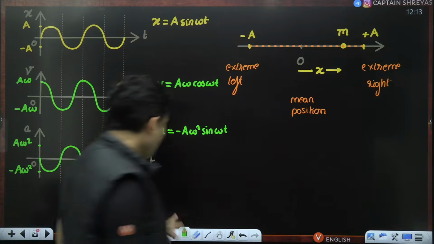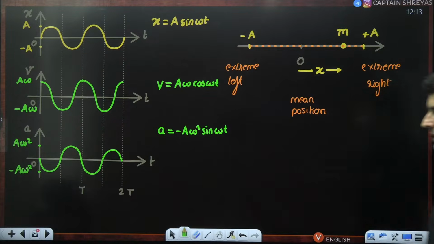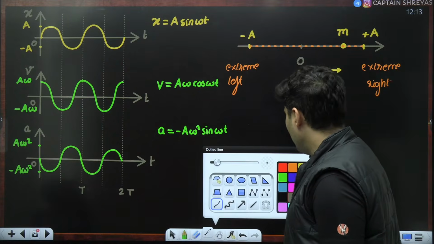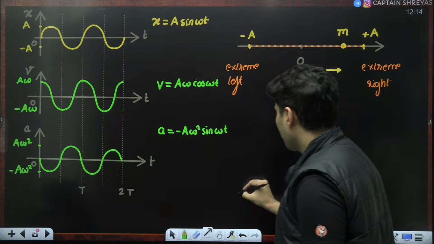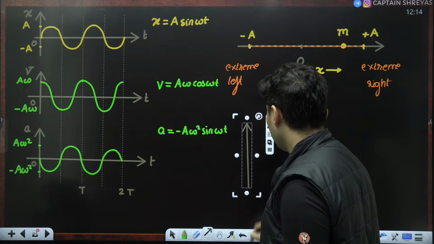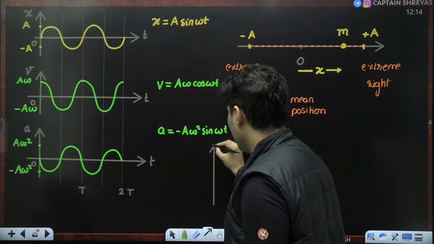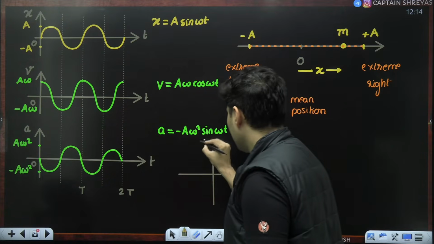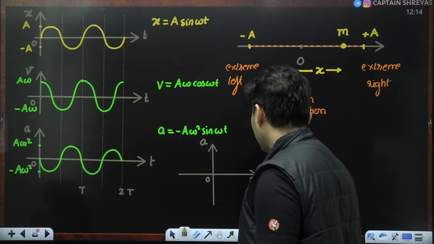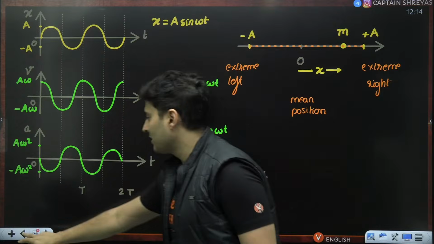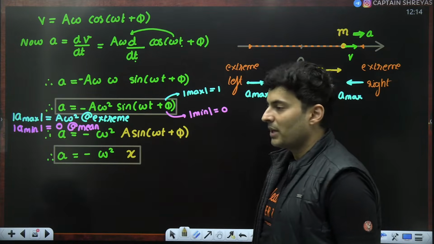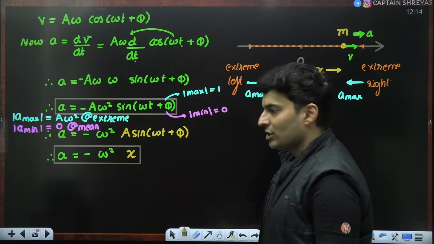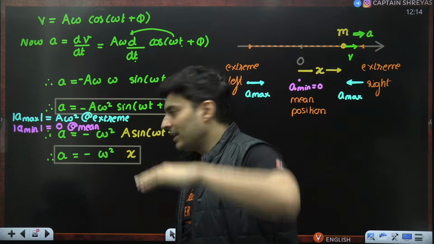Perfect. Now, having said this, there are 2 more graphs which you should definitely know. One of them is this one over here, again for acceleration, but it is acceleration versus x. We know how acceleration is related to x. It is negative omega square x. It is directly proportional to x, but with a negative sign. That means it has to be a straight line, but with a negative slope.